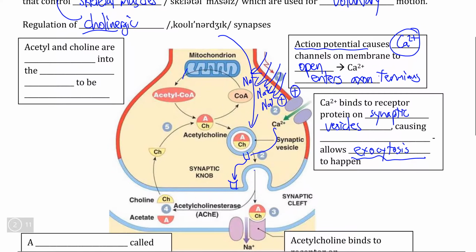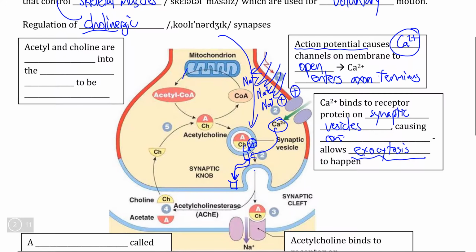But what they can do is bind the calcium that is now diffused into the inside of the axon terminus. And when calcium binds to this receptor protein, it uses its charge to cause a conformational change in this membrane protein in order to make it more complementary to the protein that triggers exocytosis.